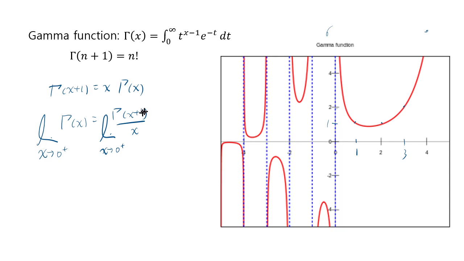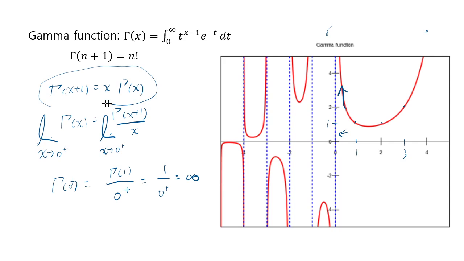Well then, the left side, what you would like to be gamma of 0, would be gamma of 1 divided by 0 plus, because x goes to 0 plus, right? But gamma of 1, we just proved that it's 1, so it's 1 over 0 plus, so it's positive infinity. So we kind of see that as you evaluate gamma of x with x going to 0 from the right, it has to go to positive infinity. There's no way around it if you want this identity.